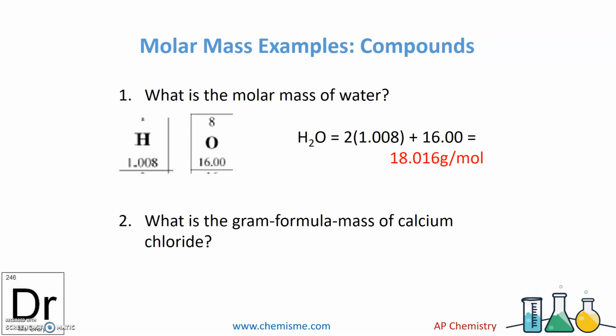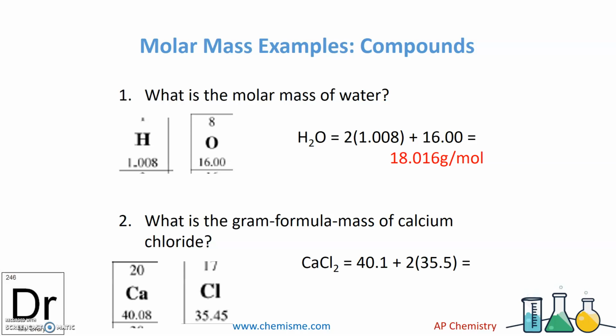Another example of something like that, calcium chloride. Some of you might have forgotten that calcium is a +2 ion and chloride is a -1 ion. So when they combine, they make CaCl2. If you don't know that yet, there is an upcoming video that reviews that. But for now, if I told you it was CaCl2, you should be able to take the calcium's mass, 40.1, I wrote here because I rounded, which is okay. I don't recommend it in the future.